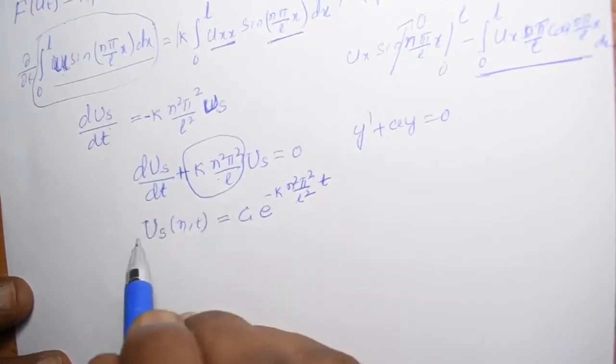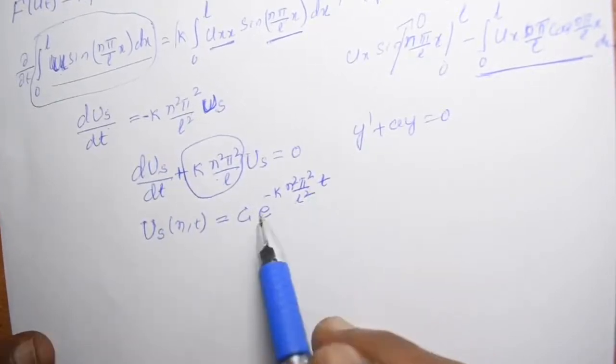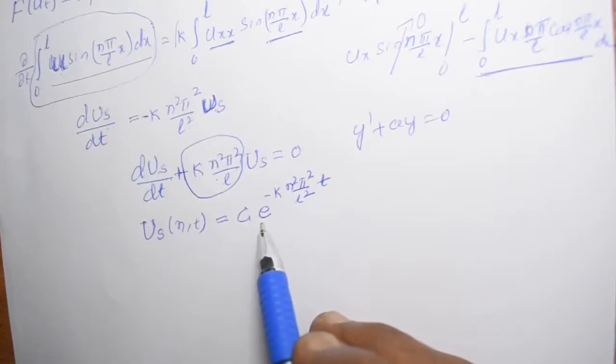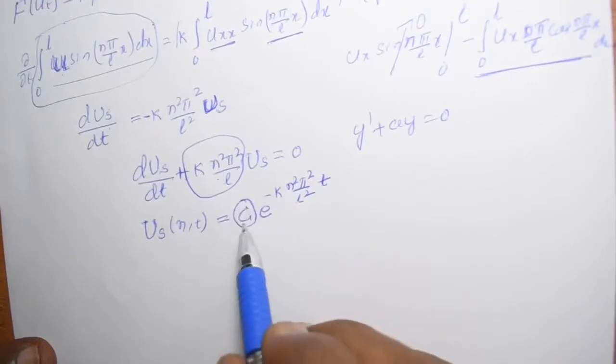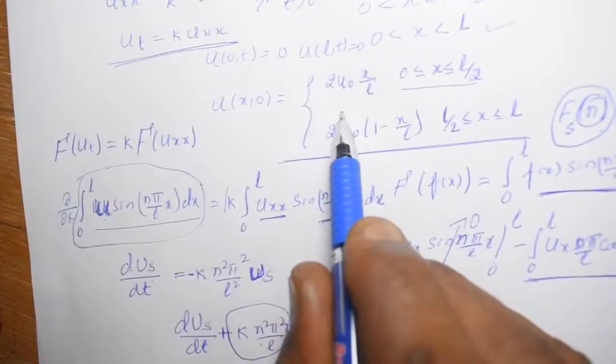So now we want the solution for the original equation. That's why we have to apply the inverse transformation. But before applying the inverse transformation, you have to remove this constant, and to remove this constant, you have to make use of the initial condition given here.